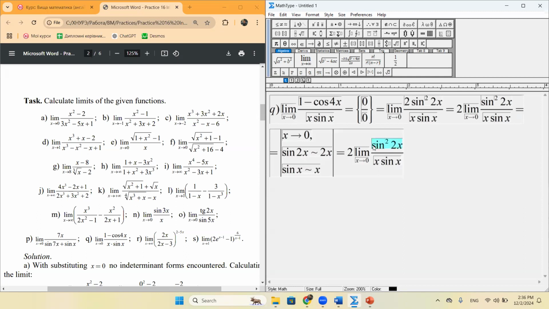So in the numerator we have 4x in power of 2, and in the denominator x in power of 2. And the answer is 8. Any questions about this exercise? Is everything fully understandable?